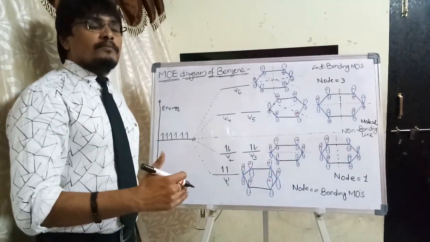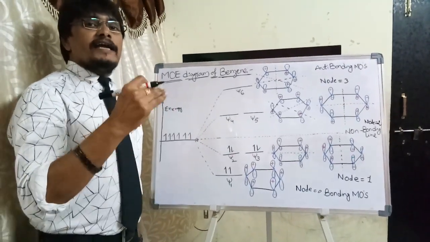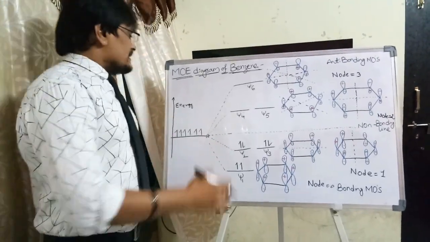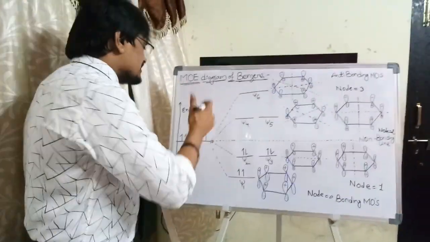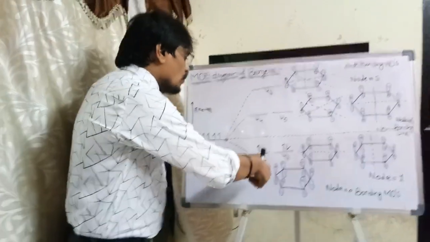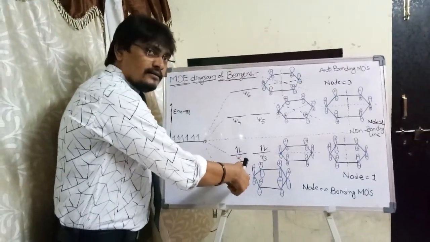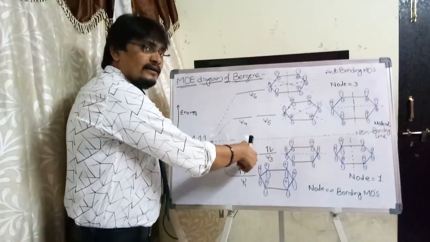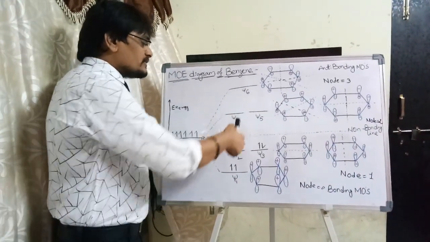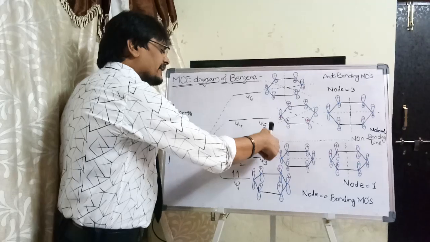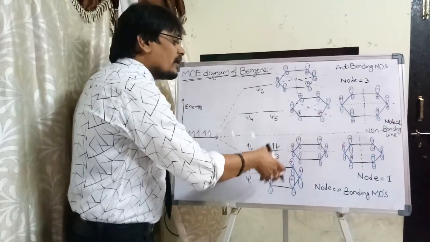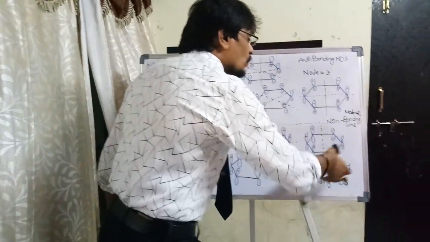All the 6 pi electrons, in fact 6 p electrons, because the pi electrons are a part of each and every carbon atom. So out of 6 p electrons or 6 pi electrons, 2 are occupying psi1, and 2 are occupying the next bonding molecular orbital psi2, and 2 are occupying another molecular orbital psi3, and all these are bonding molecular orbitals only.